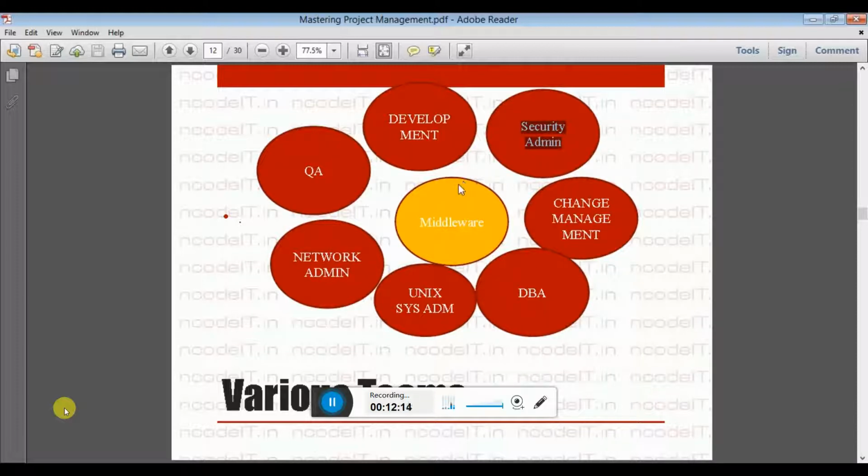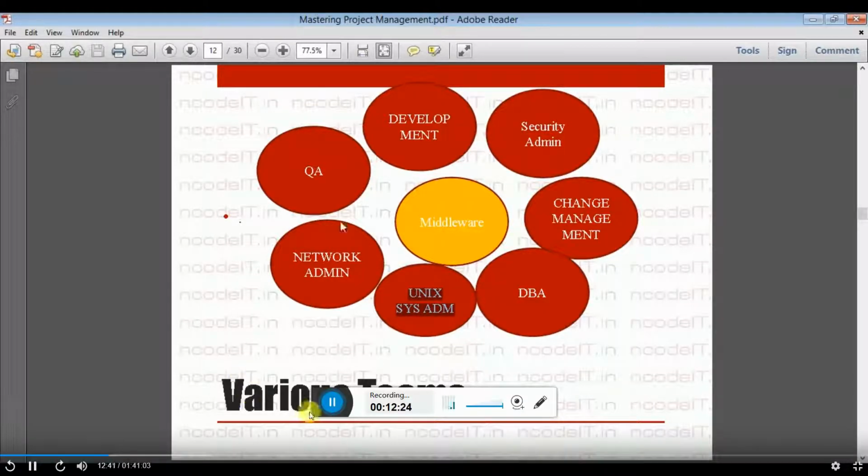Now because of so many teams and so many people, it's not possible for them to communicate with each other independently. For example, let's say there is a Unix system admin, and a tester needs access to a system, so the tester has to talk to the Unix system admin.